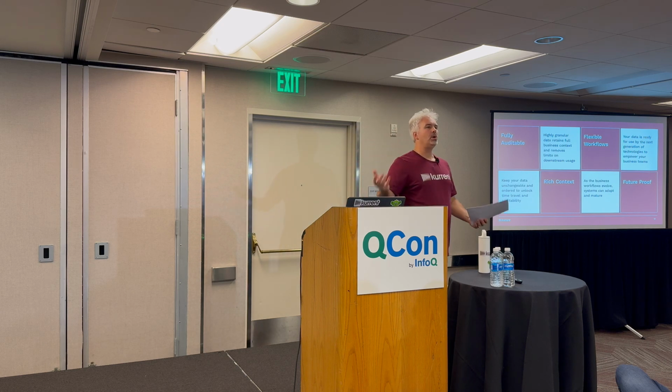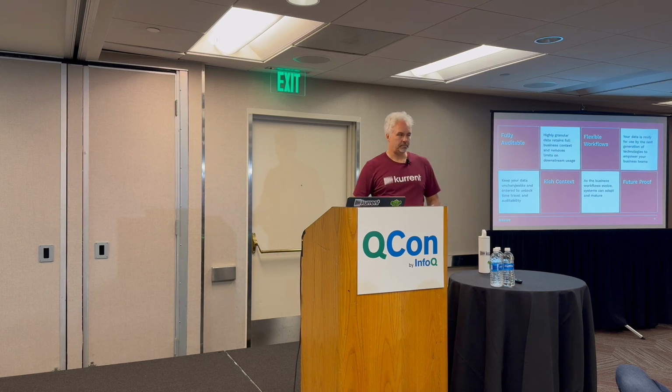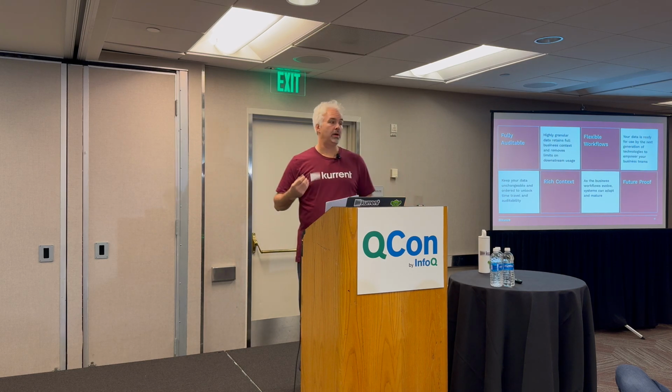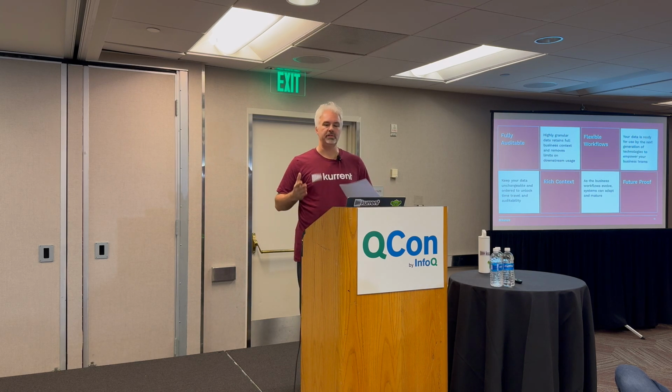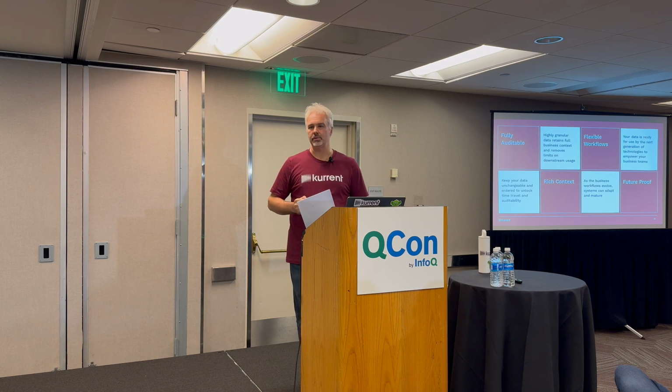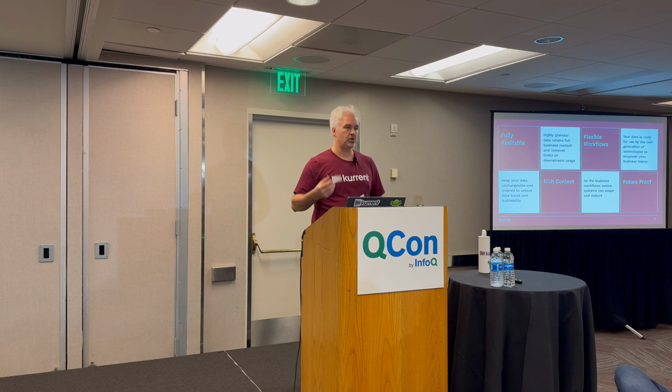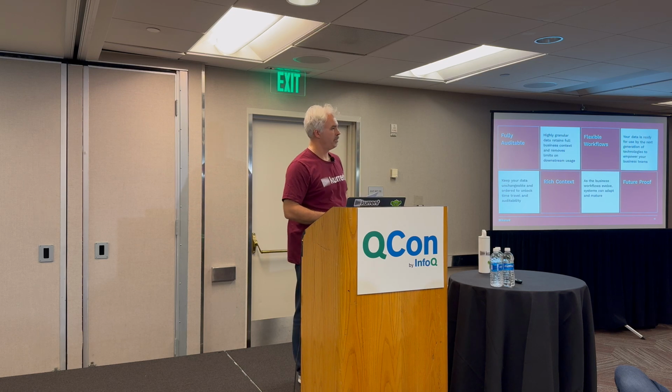AI exploded on the scene last year. We're all super excited to use it. But where's the data for it going to come from? If all you're tracking is state, all you can do is feed what you know right now into your LLMs. That's all you can use to train your ML models.